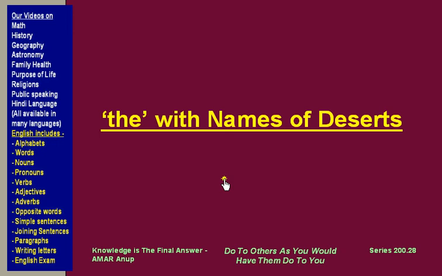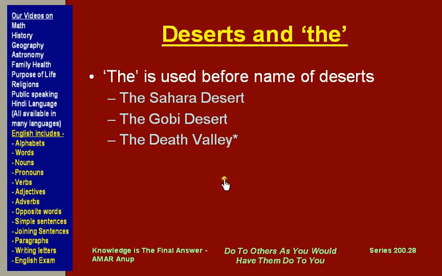Now looking at the next use of the word the, and that is with the name of deserts. We use the before the names of deserts. The Sahara Desert, it's in northern African continent, the Sahara Desert.